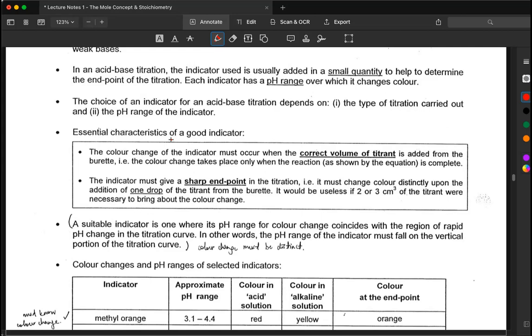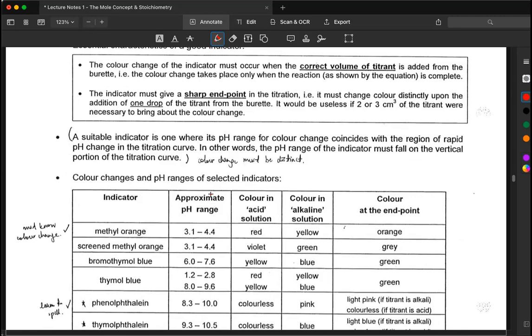So the color change takes place only when the reaction is completed. And it has to give a very sharp endpoint. The color change has to be distinct. If not, the experimenter cannot see. It will be useless if you need 2 or 3 cm3. You only need 1 drop to make the distinct color change, so that you know that's the endpoint.